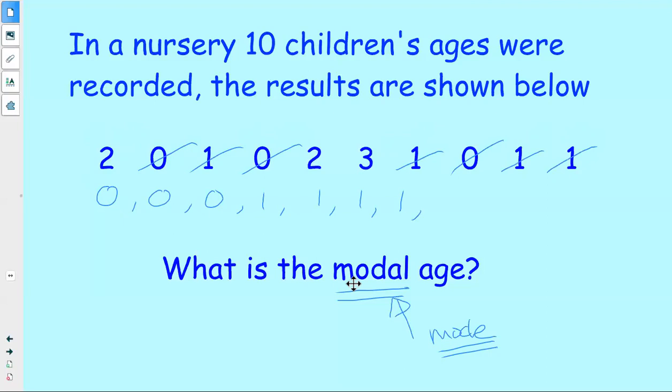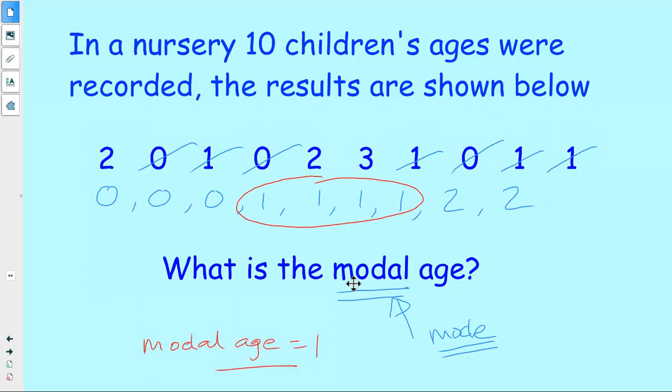And it is 2 twos. Okay, so which one is the modal age? It looks like the age 1 appears the most. So the modal age is 1. Okay, perfect. Let's move on.